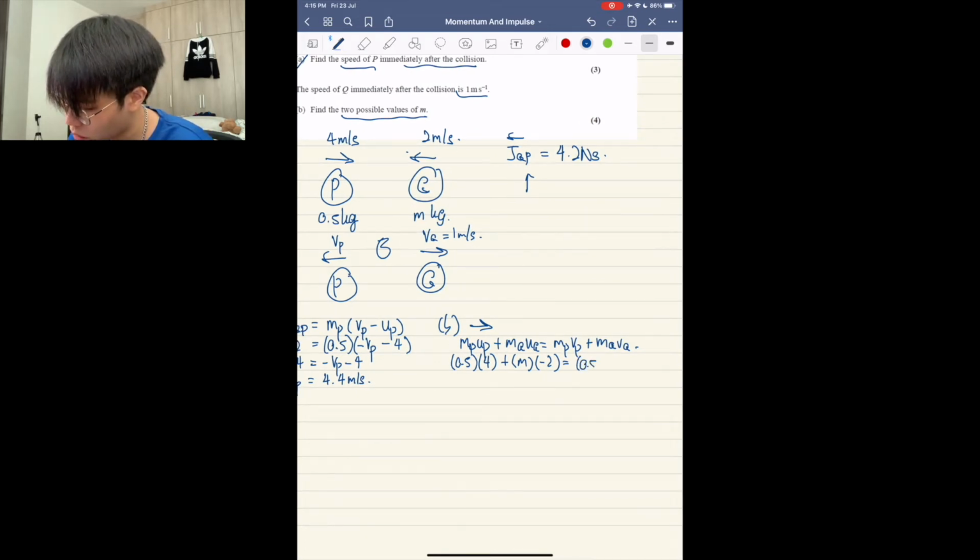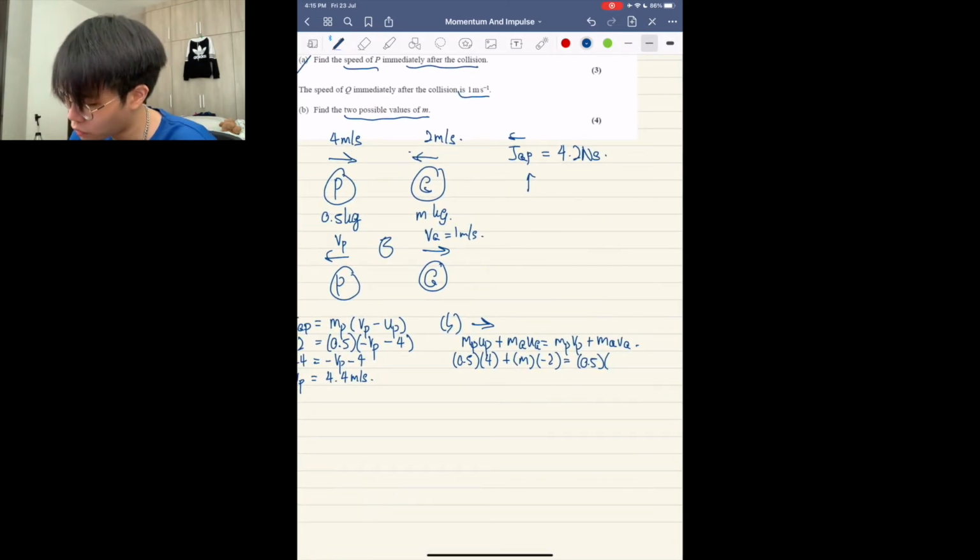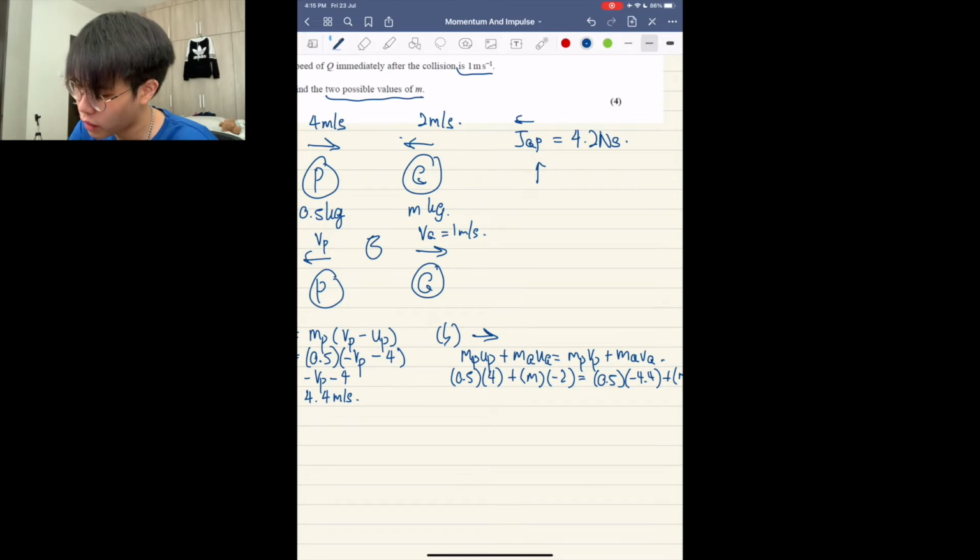This is 0.5 times VP. VP we have found, which is 4.4, and it's going to the left, so minus 4.4, plus m times 1, positive 1 since it's going to the right.